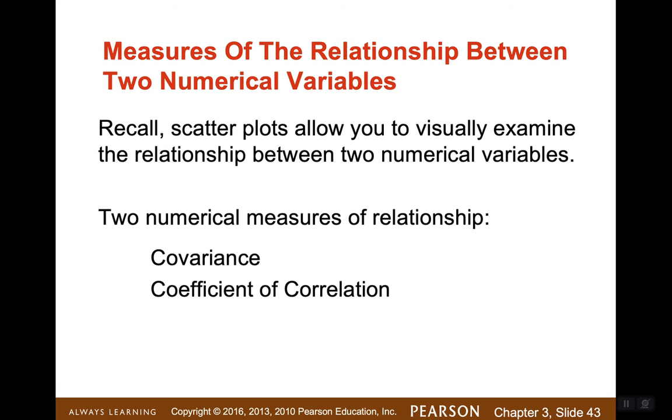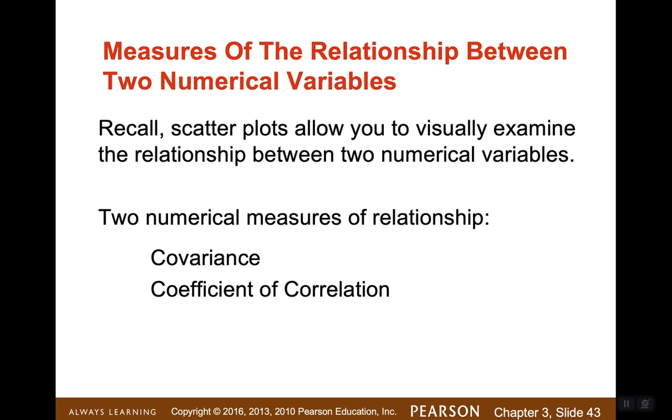So we can use a couple of different techniques to do evaluations. We've talked about scatter plots, where we can visually examine the relationship between numeric variables. We can do a similar evaluation using a numerical measure, and that's what the covariance and coefficient of correlation are.